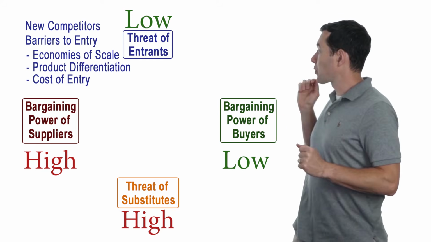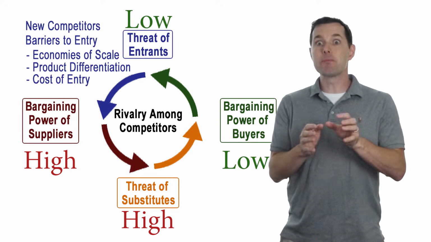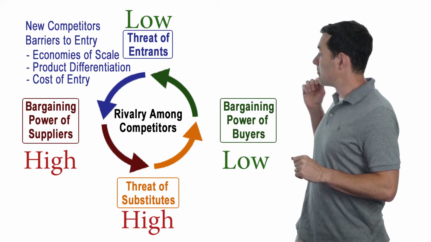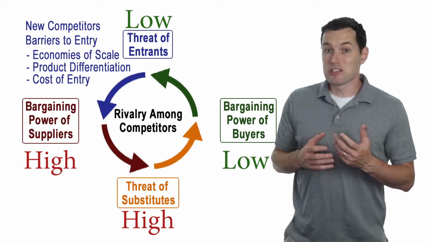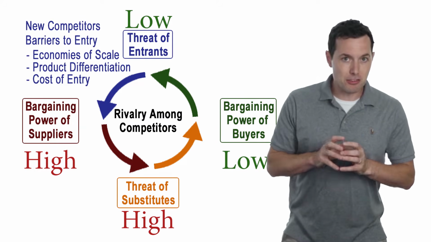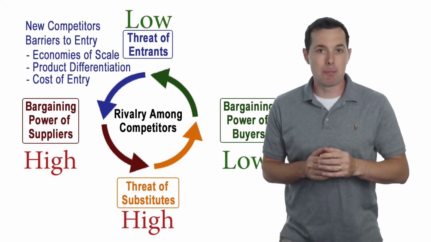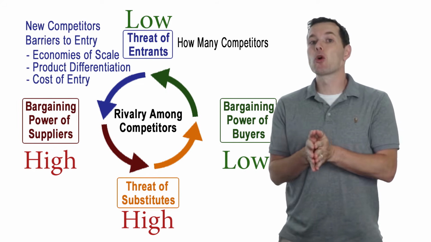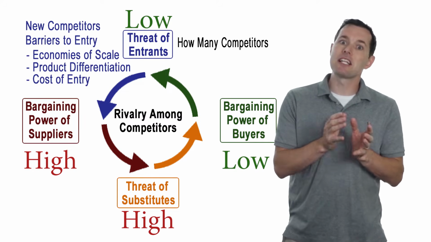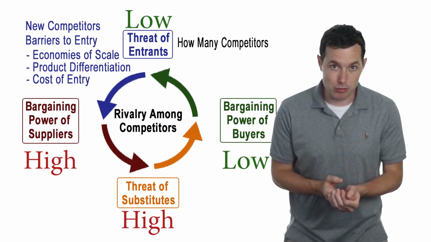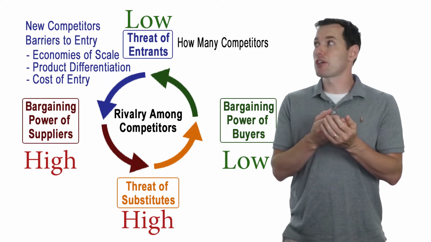Okay, now we're moving on to our fifth and final force in Porter's 5 forces, rivalry among existing competitors. So as we can see, all the forces sort of play into this one. And what we're looking for here is things like how many competitors are there? In theory, the more competition that there is, the worse that is for the companies in that industry. There's likely pressure on margins.